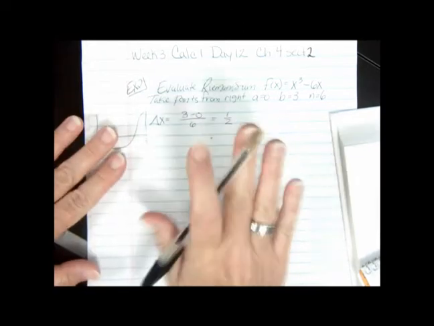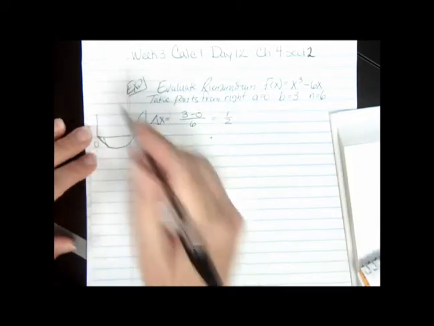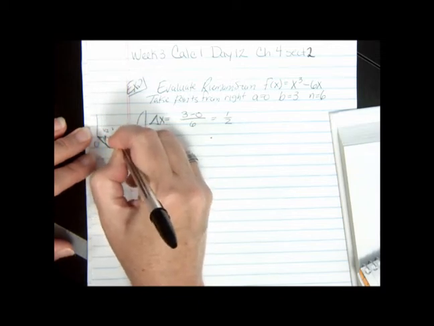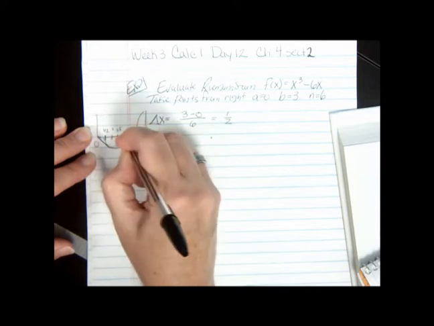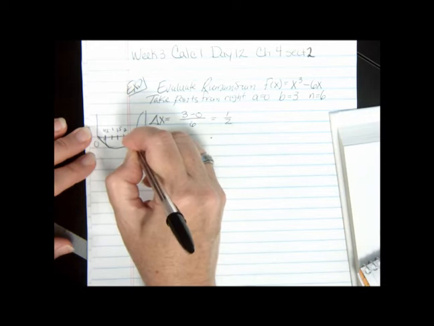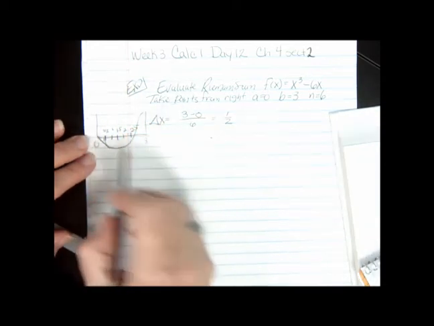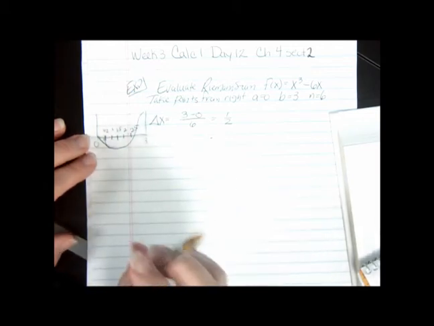So that means my first point's going to be at 1/2, my next point's going to be at 1, my next point's going to be at 1.5, my next point's going to be at 2, then 2.5, and then 3. And I know that's not to scale, so sorry about my bad drawing.